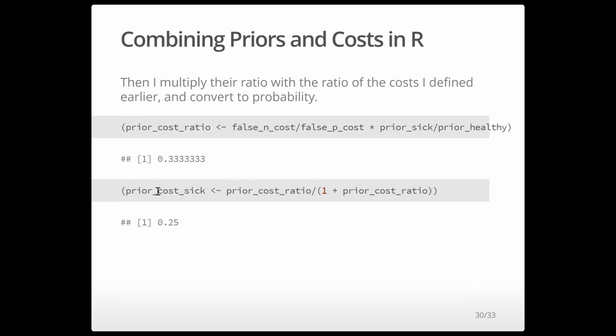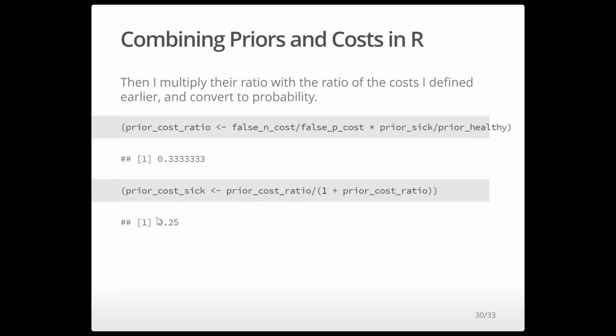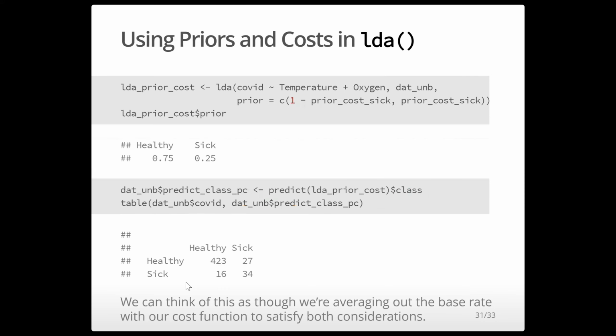That gives us that 1 over 3 combined ratio of prior and cost. Then I'm going to convert this into a probability by taking the prior cost ratio divided by 1 plus the prior cost ratio. That's 0.25, and 1 minus 0.25 is 0.75. So again, 0.25 to 0.75 is the 1 over 3 ratio, just converted onto the probability scale, the unit scale.